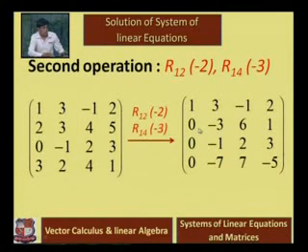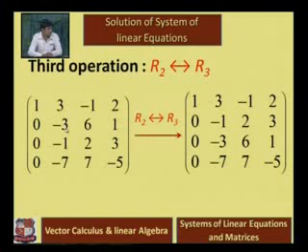Now note that in this matrix, because of the row echelon form condition, after the first position of the leading one, the second leading one must be there, but the current value is minus 3.